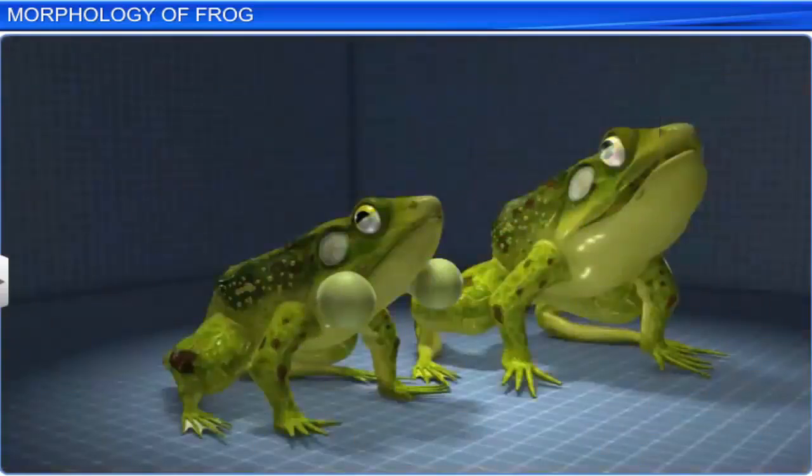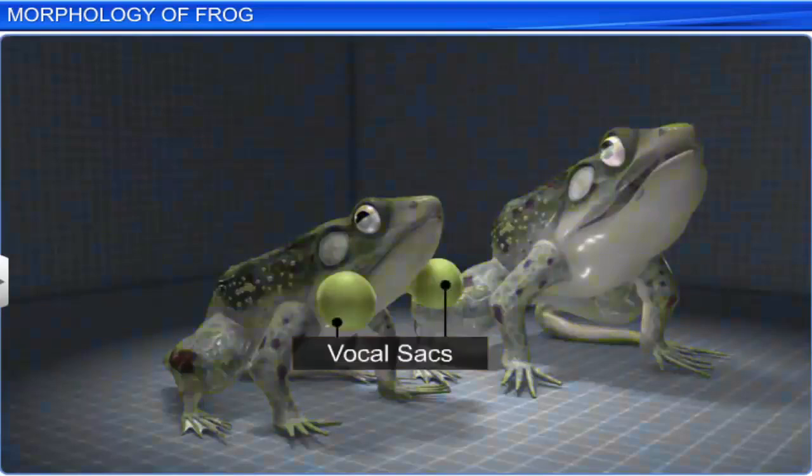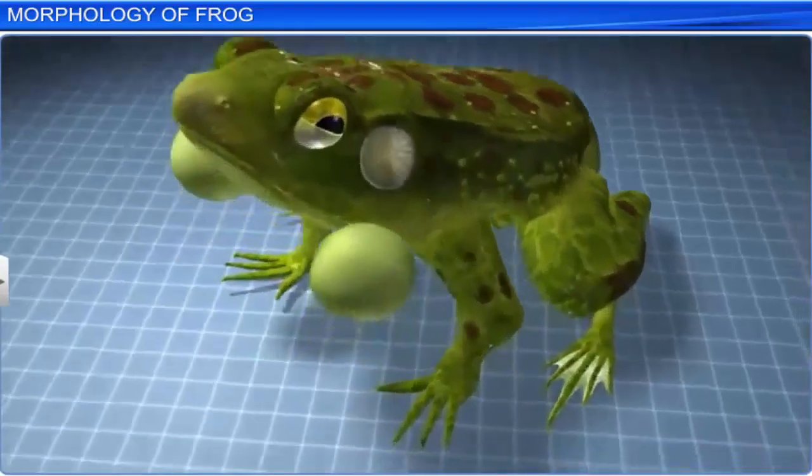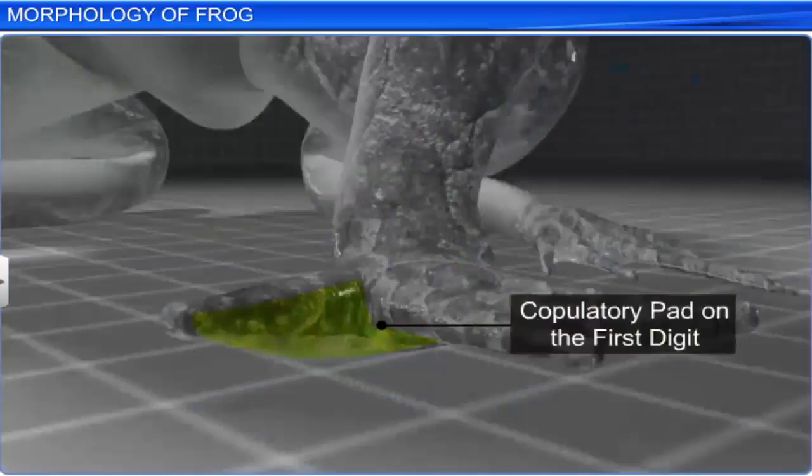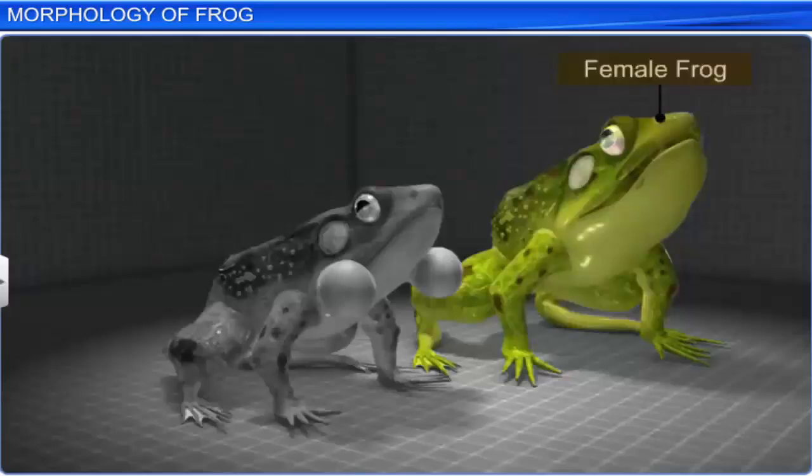Male frogs possess two vocal sacs on the lower side of their throat, which are used for croaking. They also have a copulatory pad on the first digit of their forelimbs. Both these organs are absent in female frogs.